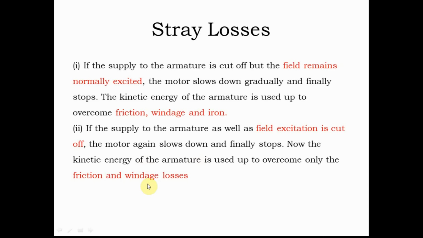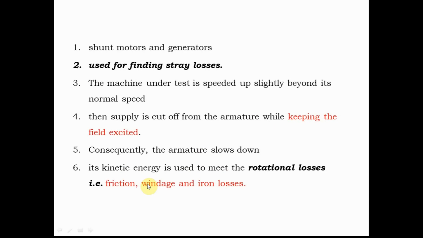I've told you we normally remove the supply to the armature and calculate the time taken for the motor to reach a certain speed, and based on that we calculate the kinetic energy. In the next slide we will see how the time taken is related to the rotational losses or the kinetic energy. Clear?